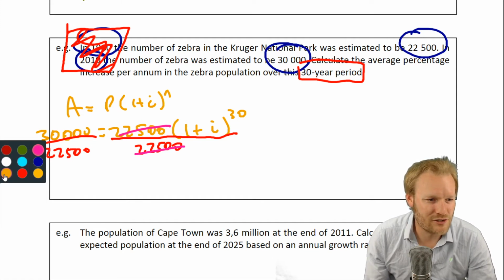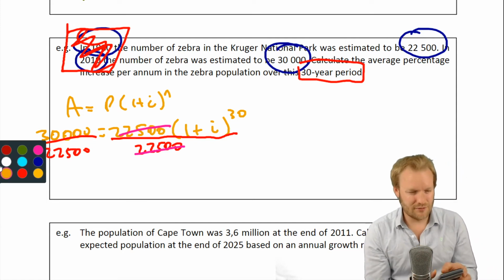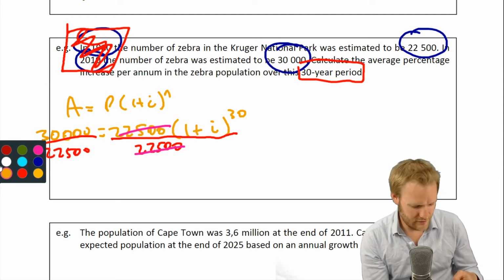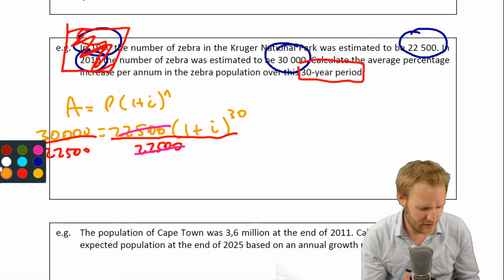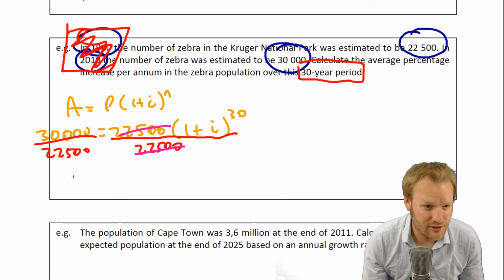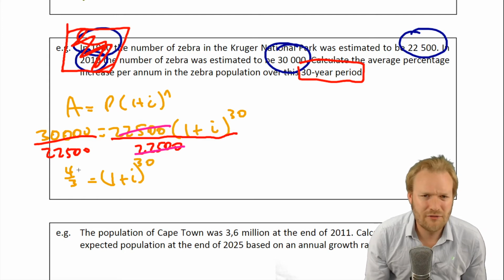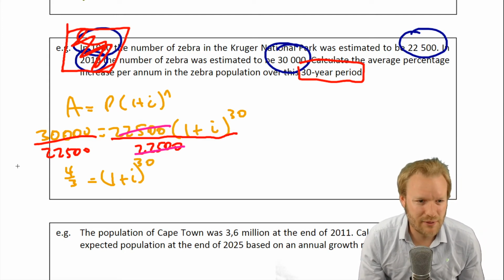That you punch into your calculator: 30,000 divided by 22,500 equals, and then I know, hey, 4/3, that worked out quite nicely. So 4 over 3 equals (1 plus I) to the 30. Remember, we don't have to show every little step here.